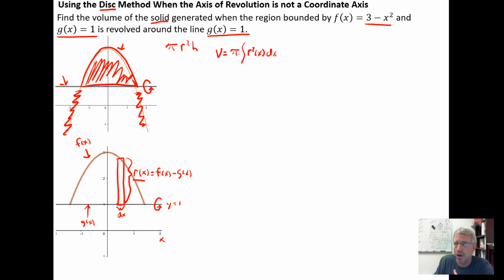So this is just the volume of a cylinder, pi r squared h, where h is just dx. The pieces that I need to finish this off are my limits of integration, and how I describe my radius, the heights of this characteristic rectangle of revolution, as functions of x.